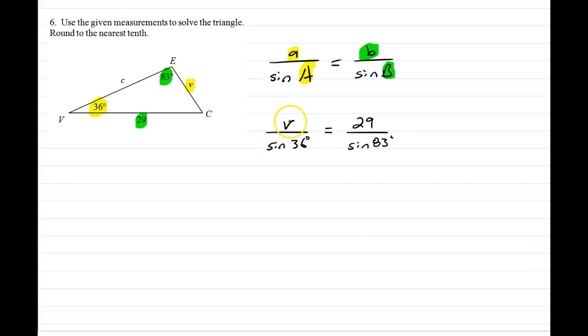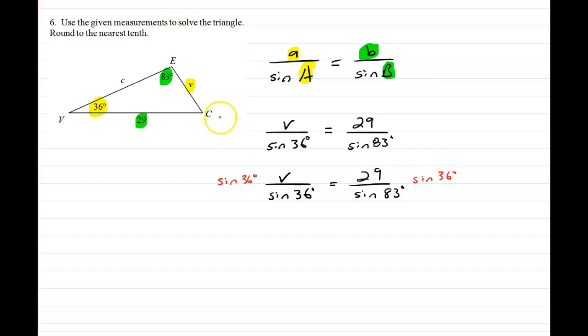And so this is just saying v divided by the sine of 36. So to undo that, I'll write this extra step that I normally wouldn't show, but I don't want to confuse the workup here. To undo that division, we multiply both sides by the sine of 36 degrees.